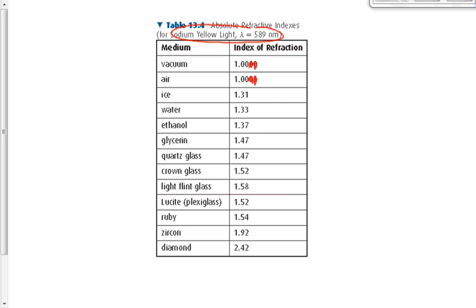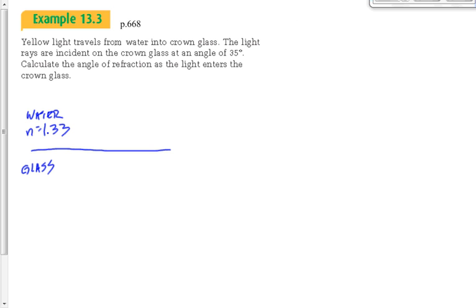And the index of refraction for crown glass, you can see that there's differing values depending upon what kind of glass you have, 1.52. We're going to draw a normal line and measure our angle of incidence from the normal line. So this is my first ray. Okay, 35 degrees from the normal line. It's going into the crown glass.